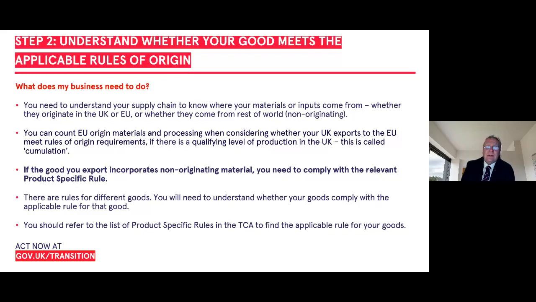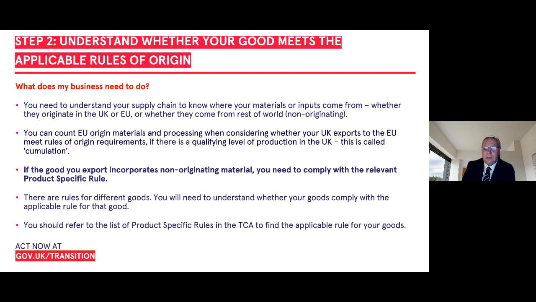You need to understand your supply chain to know where your materials or imports come from, whether they originate in the UK or EU, or whether they come from the rest of the world, known as non-originating. You can count EU origin materials and processing when considering whether your UK export to the EU meets rules of origin requirements if there is a qualifying level of production in the UK.